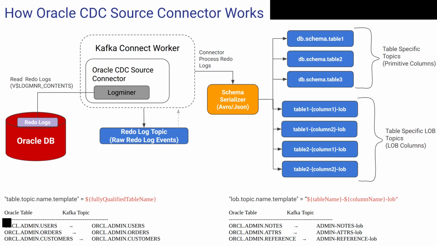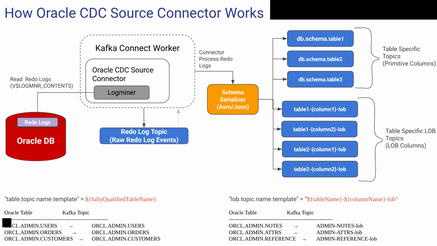After that, once the data is published into the redo log topic, the connector reads this content from the redo log topic and then publishes it into a different topic specific to each of the tables. As you can see on the top, we have db.schema.table1, db.schema.table2, like that. So each topic is specific to a different table.